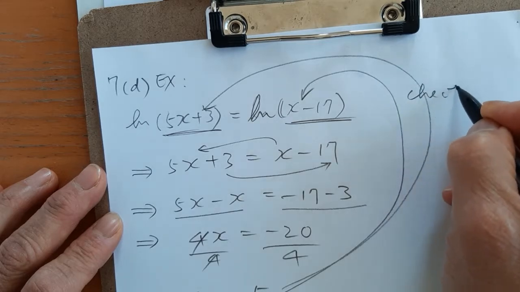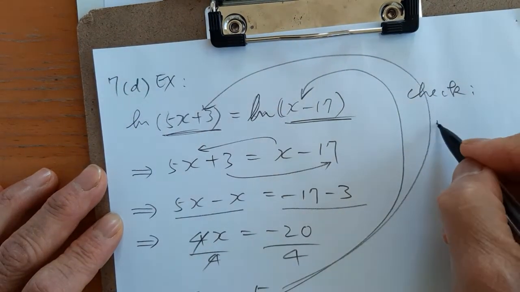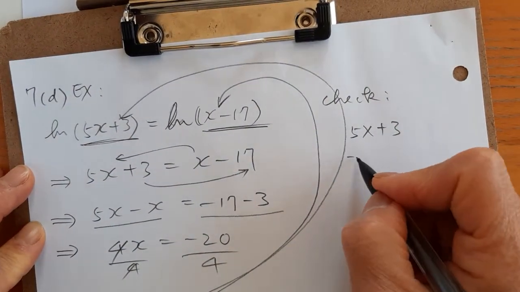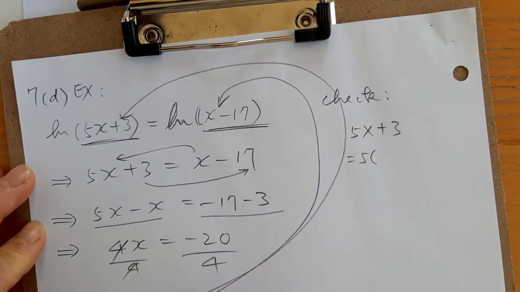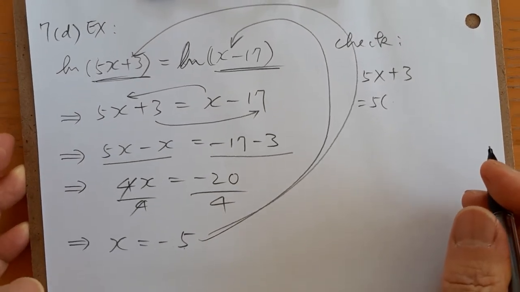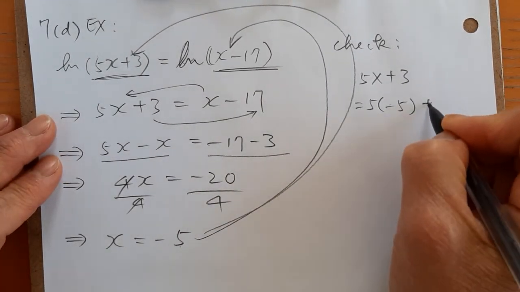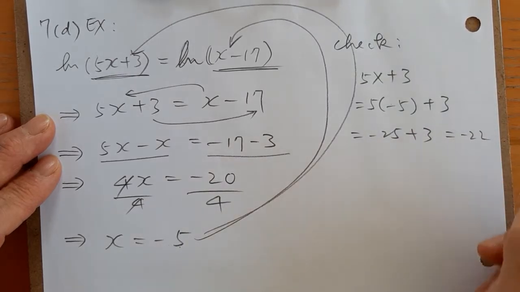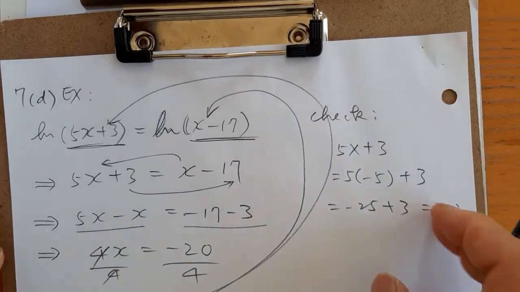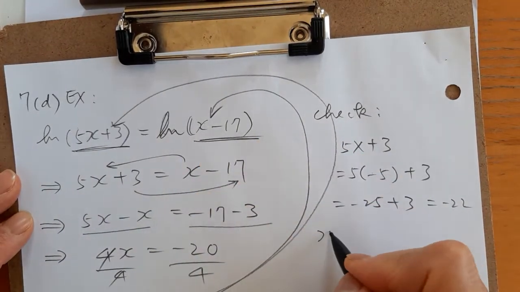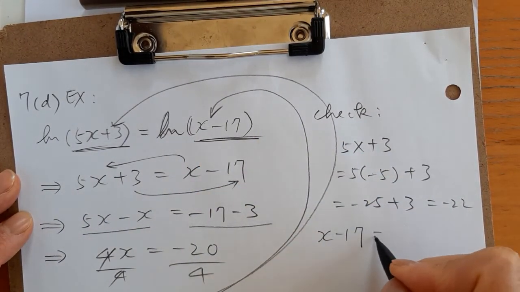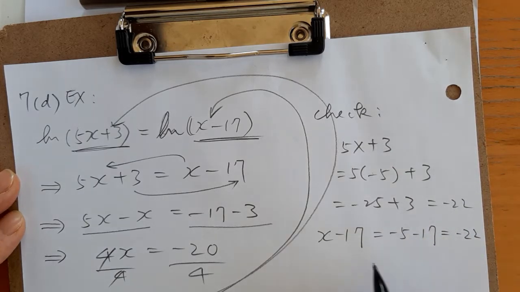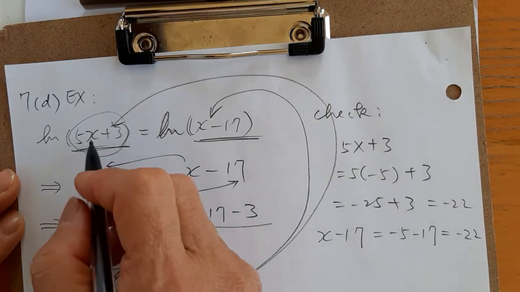Check with 5x plus 3: 5 times negative 5 is negative 25, plus 3 gives negative 22. If you put in x minus 17, negative 5 minus 17 is also negative 22.